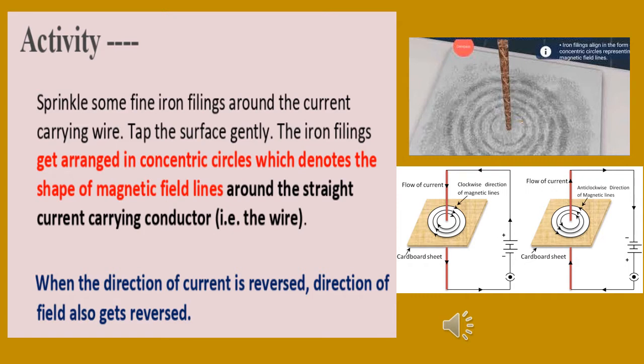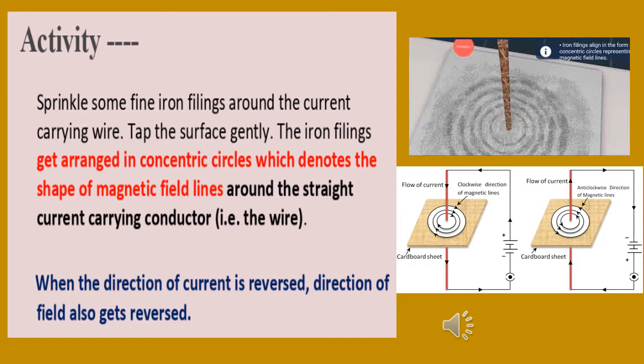Let us do an activity on magnetic effect of current. We are taking a cardboard and making a hole at the center of it. We place the cardboard horizontally, and through the hole a straight conducting wire is inserted.